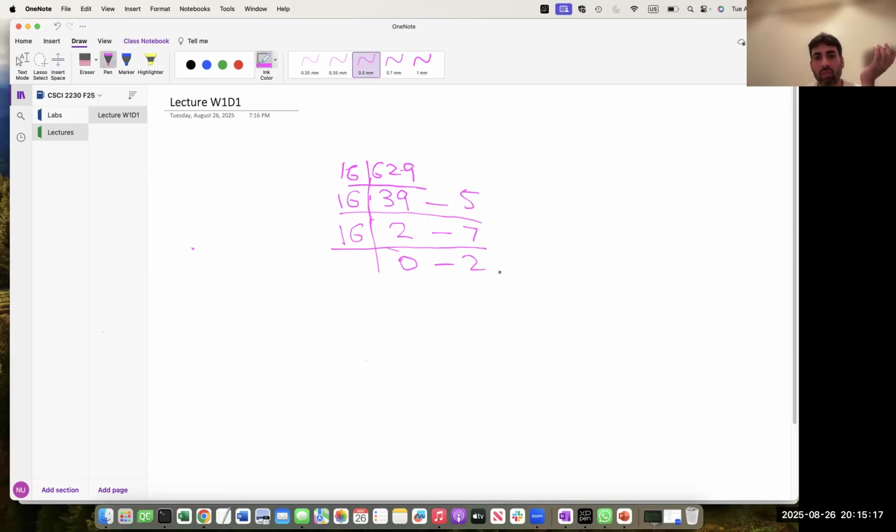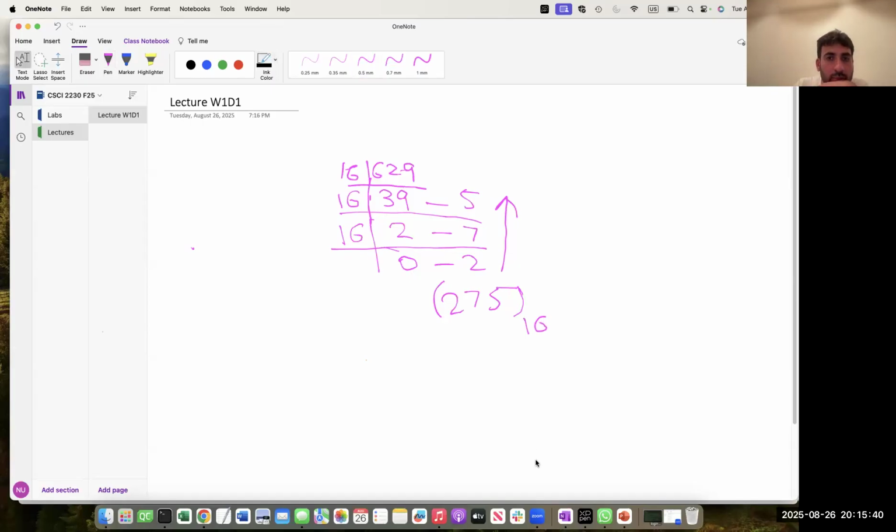So now I do the same thing as I explained earlier, I simply write the symbols from bottom to the top, so I get 275, right? So this is the number equivalent to 629 in hexadecimal form, right?